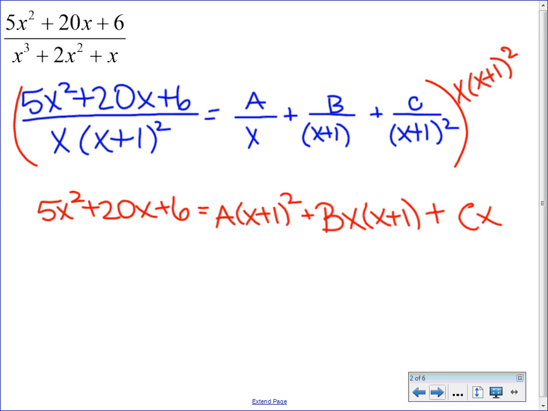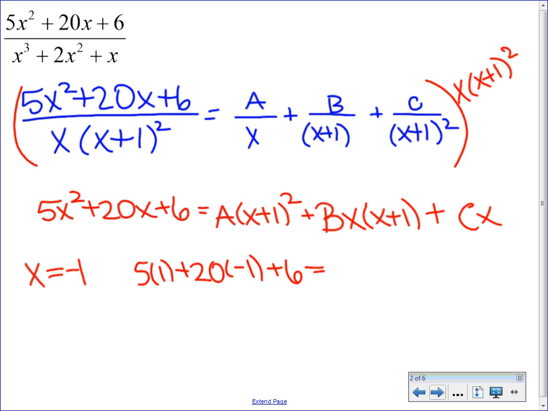So what's a number that would make one of these factors 0? If I pick x equals -1, that means x plus 1 would go to 0, correct? Which means we have 5 times -1 squared plus 20 times -1 plus 6.